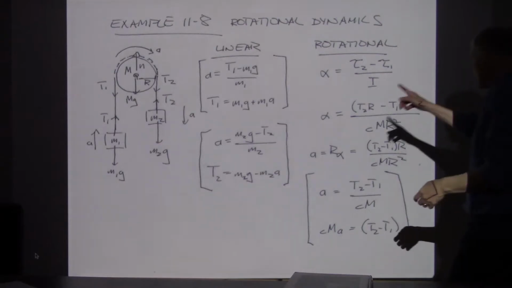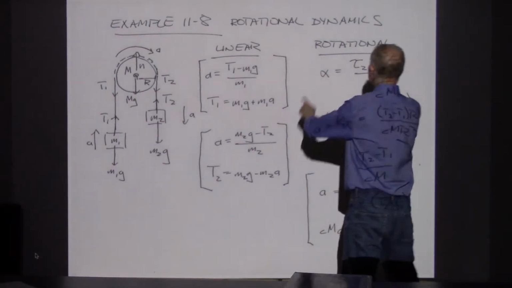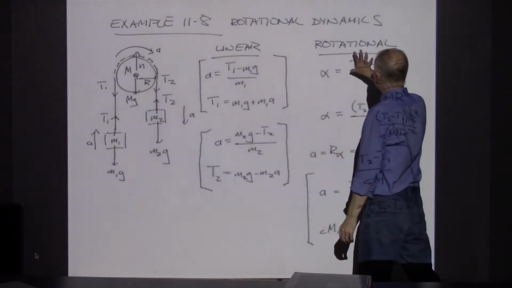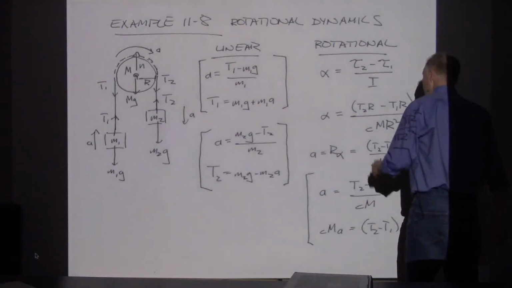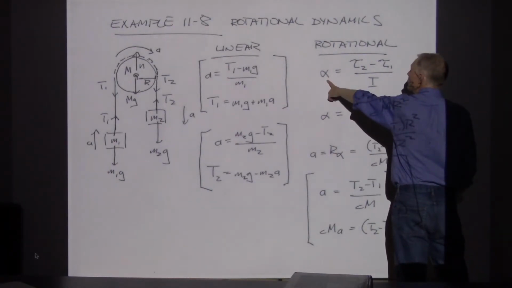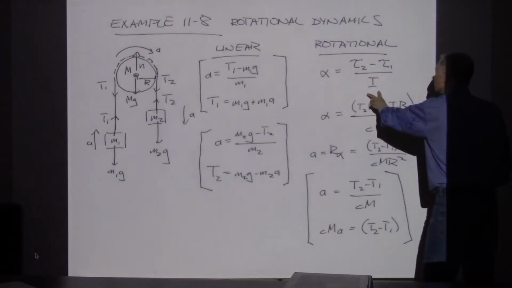So that's going to be key, because we've got a couple of objects in linear motion and the pulley in rotational motion. The rotational acceleration of the pulley depends on the torques and the rotational inertia.